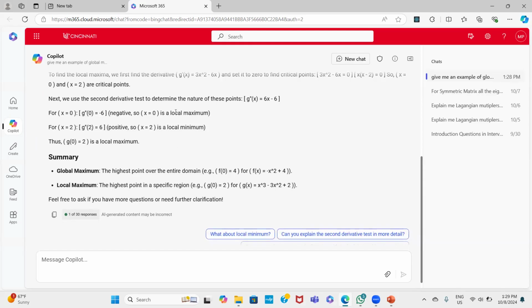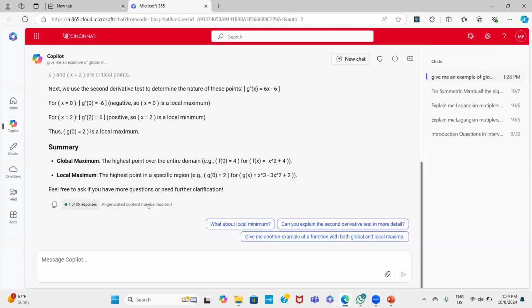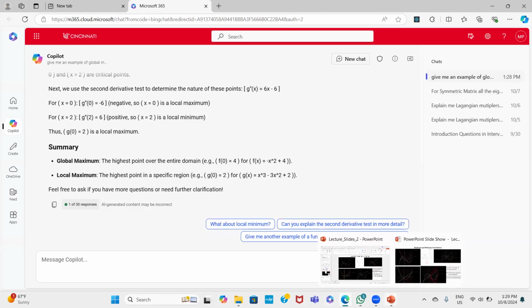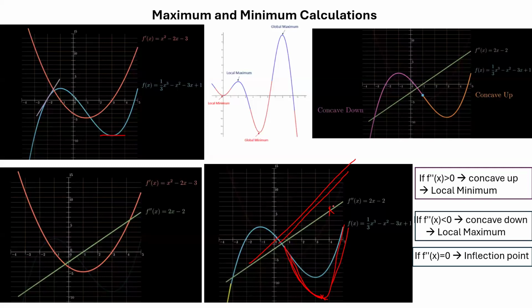This is local minimum. You just have two critical points. Okay, so basically you just have to find out the double derivative of x and then that value will decide which is global maximum and global minimum again.